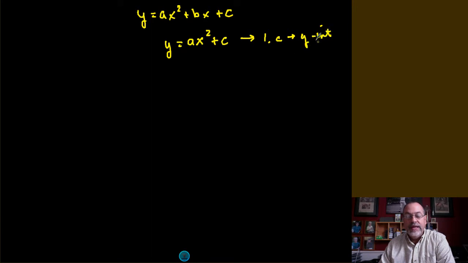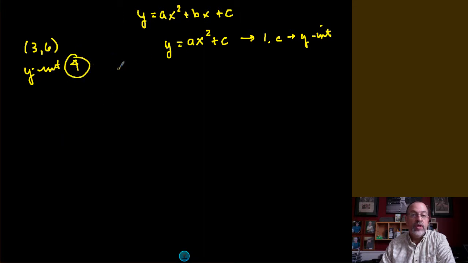So I need to know that, so when I read a problem where they say, give me the equation of a quadratic that goes through the point 3,6 and has a y-intercept of 4, I know where this 4 goes. Well, that is the letter c, so I put that in for c.